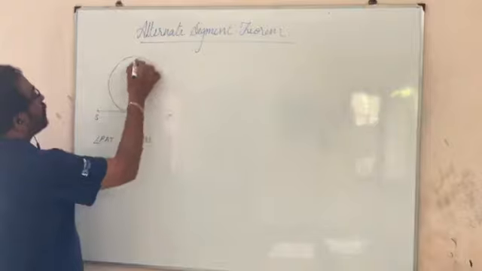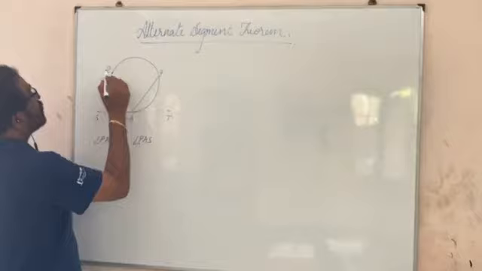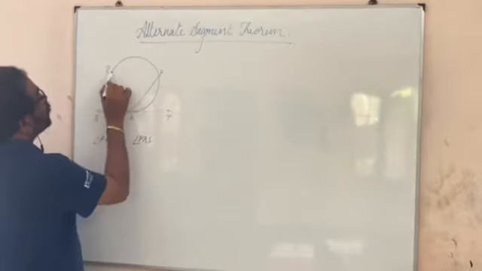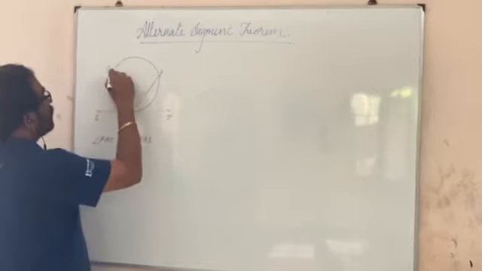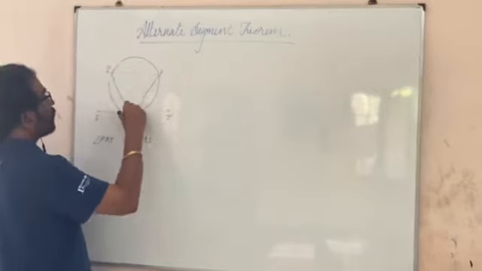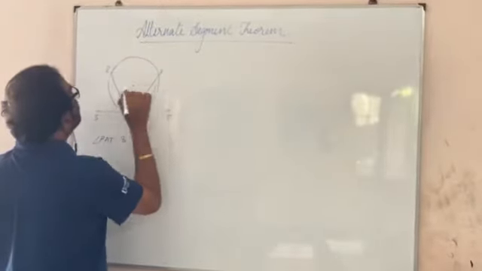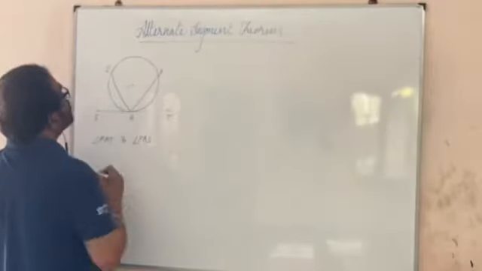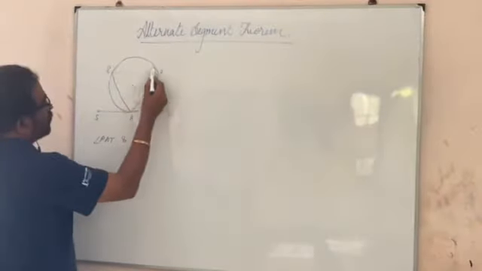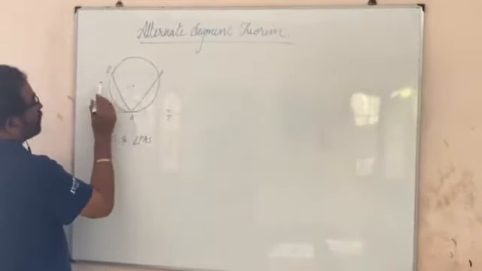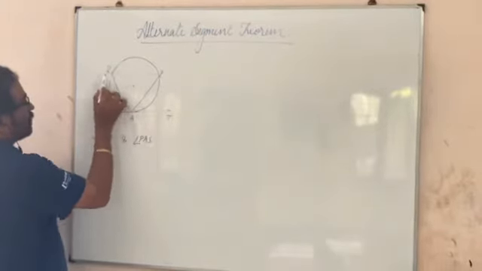Then in this major segment, I take one point, let it be R. I join this point with P and A. Let the center of the circle be O. So in the major segment we took a point R and joined it with the chord's end points, PR and AR.